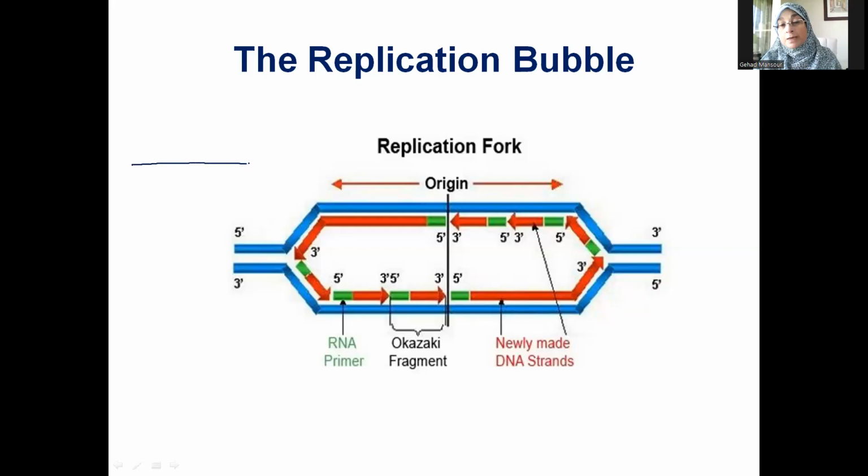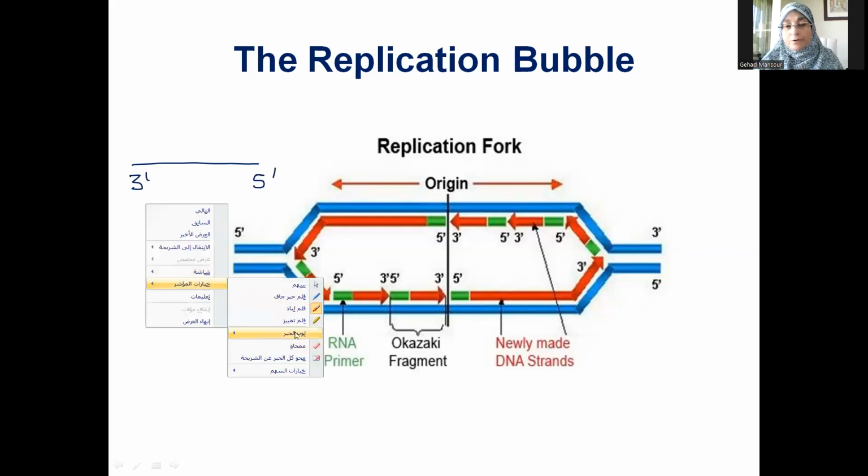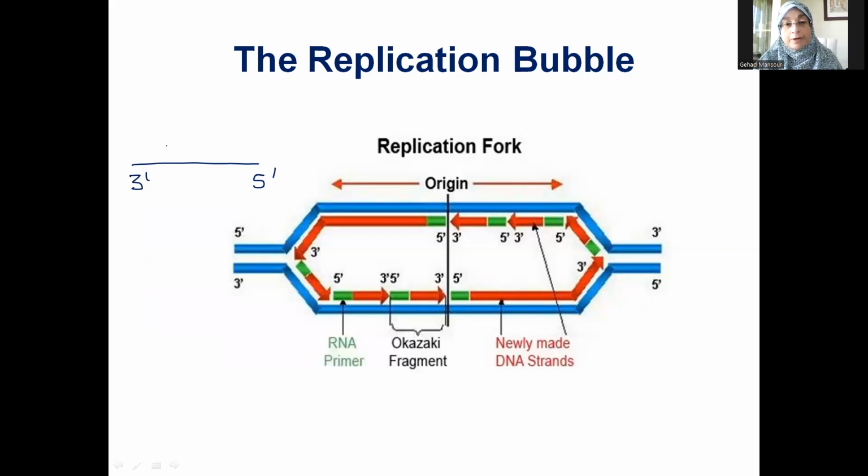So if your template strand is 3' to 5', then the new strand will definitely and inevitably be built in the direction 5' to 3', because this is how a DNA molecule is. They should be anti-parallel, so there is no choice.